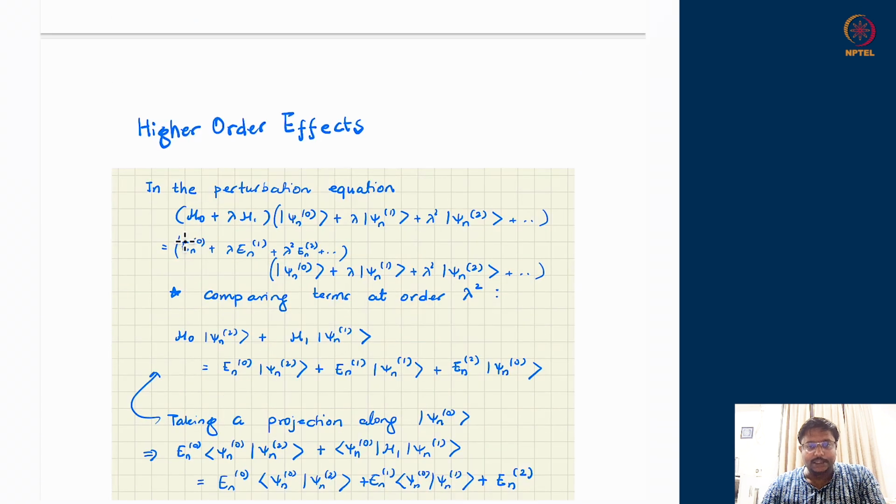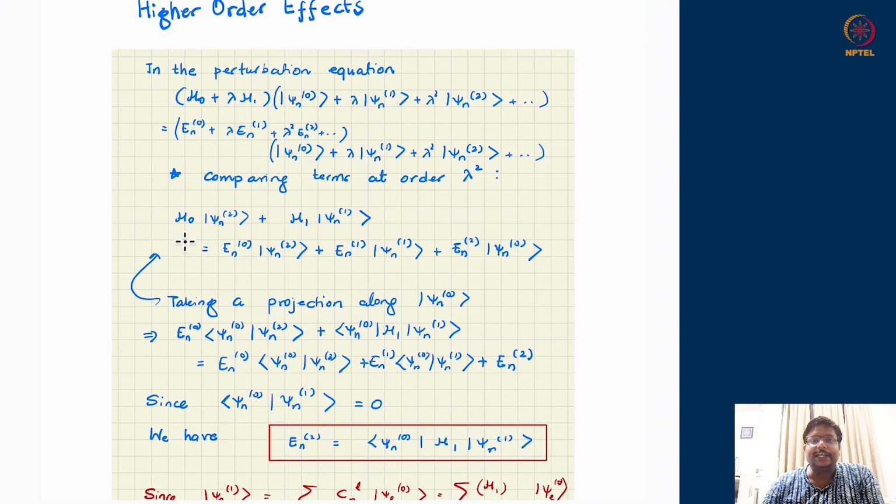So to start the story, we again rewrite the time independent Schrodinger equation, where the full Hamiltonian is H naught plus the parameter lambda times the Hamiltonian H1. This is the full change to the Hamiltonian, which is brought about by some parameter which we are calling lambda.